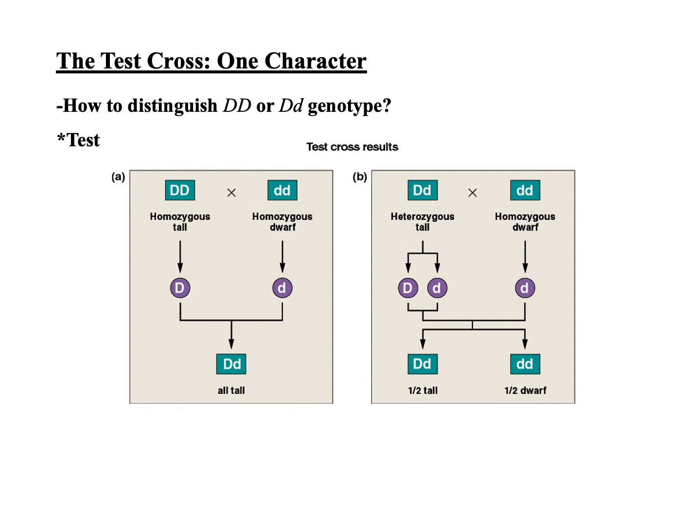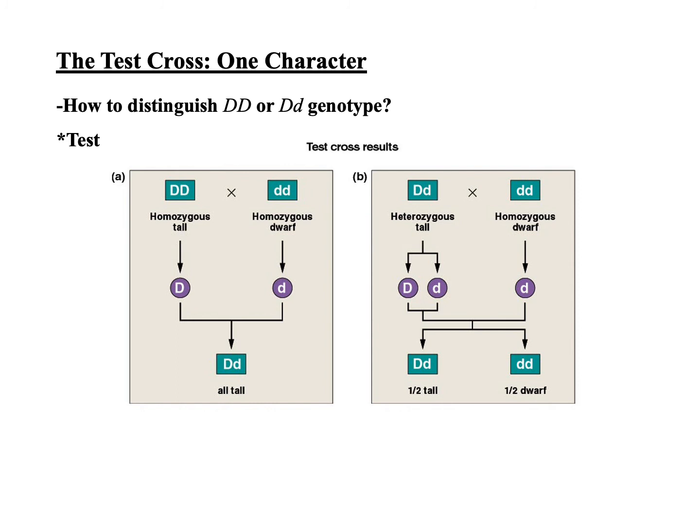In panel A, if that individual with the dominant phenotype was homozygous tall, or homozygous dominant, and we crossed that individual to the homozygous dwarf individual, the only genetic contribution that the homozygous tall individual could make is the tall trait, and the only genetic contribution that the homozygous dwarf individual could contribute is the dwarf trait. All of the offspring would be heterozygous, and they would be all phenotypically tall.